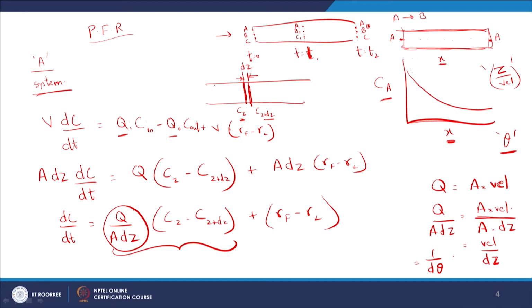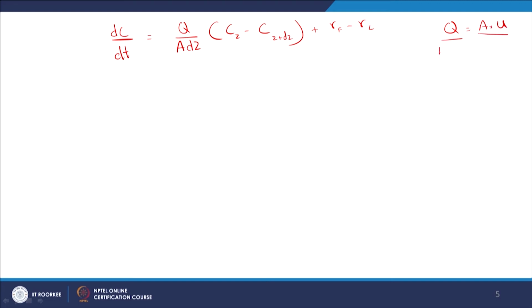So, I guess I will do this over in the next page. So, what did we have here? So, dc by dt is equal to q by A dz, concentration at inlet minus concentration at outlet plus rate of formation minus rate of loss, right. And we just mentioned that q is equal to area into velocity, and so q by A dz is equal to u by dz, and that is equal to 1 by d theta.